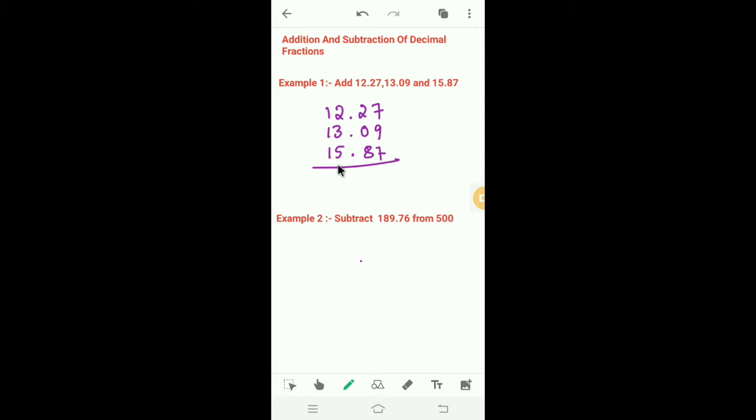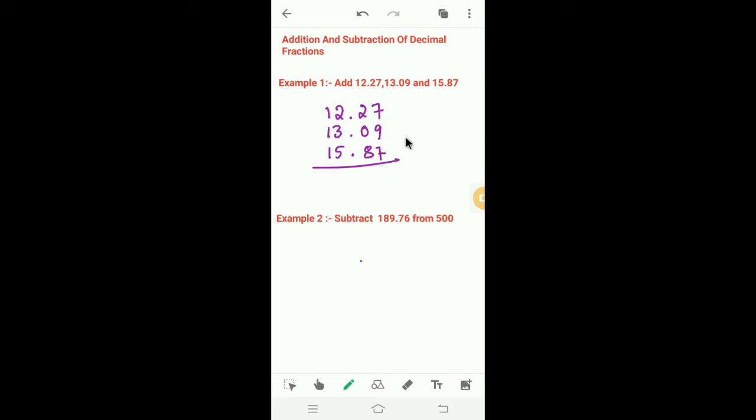You should remember the same number of digits after the decimal point in each number. If required, put zeros at the extreme right of the decimal point, as it does not change the value of the number.